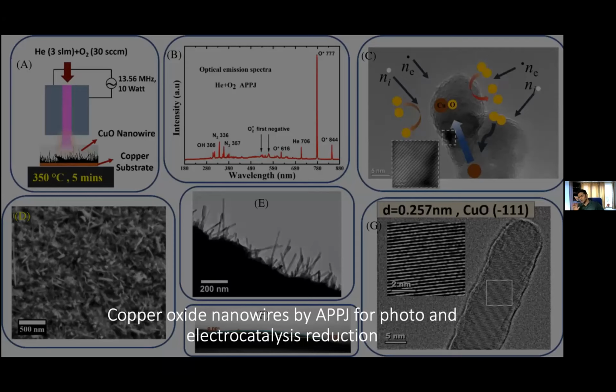And when we started looking at the nucleation and the growth, this tells about how these copper oxide nanowires can be formed. This is the substrate here, and the copper oxide acts as a nucleation site.